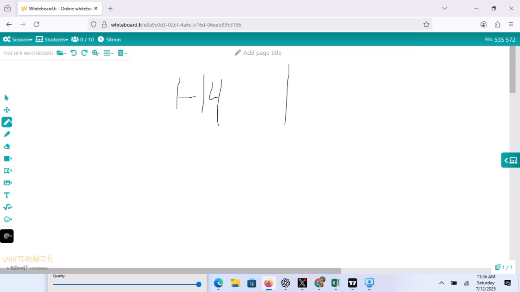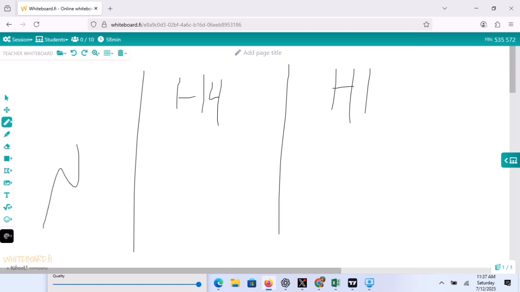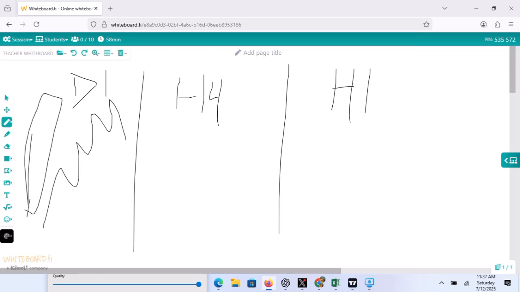versus H1. Have it at the back of your mind that anything I'm doing, this represents a daily candle, right? This is a daily candle like that.